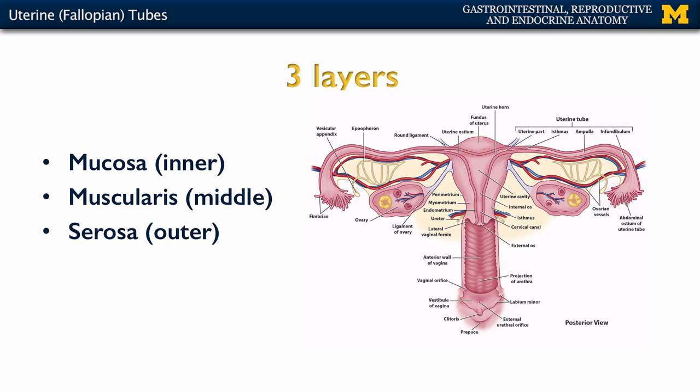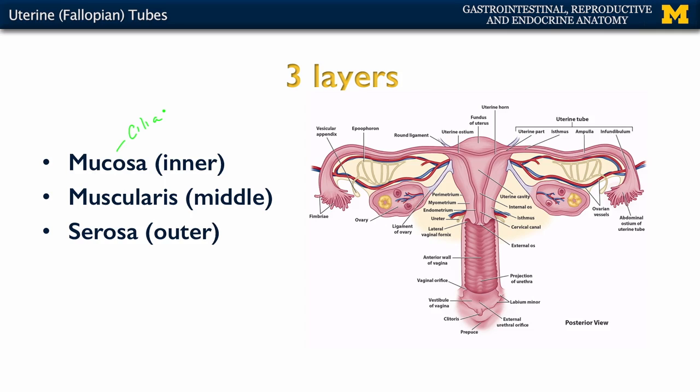Now there's three main layers, and we're going to talk about the first two because they're probably the two most important. The mucosa is going to have cilia associated with the cells. And what it does is it works as almost a conveyor belt to move the oocyte from the abdominal ostium towards the lumen or the uterine cavity.